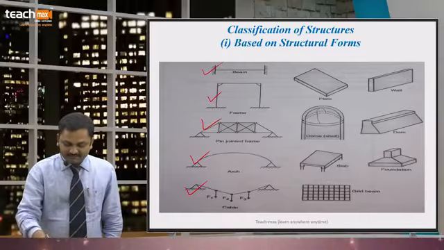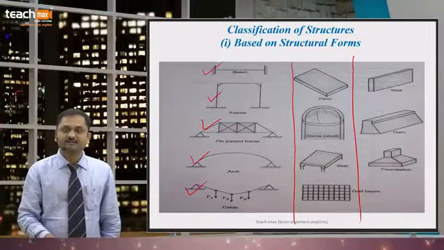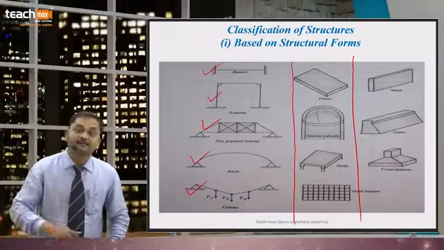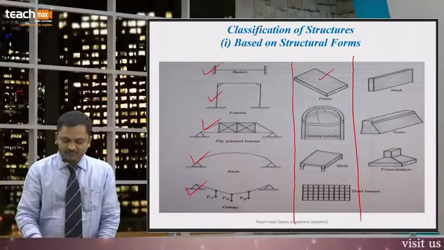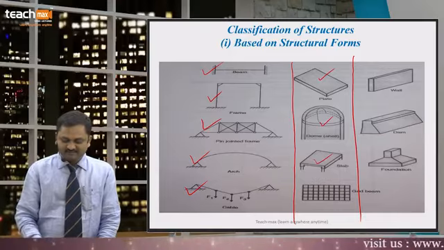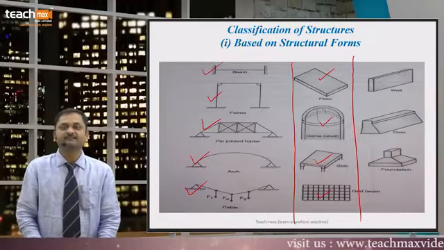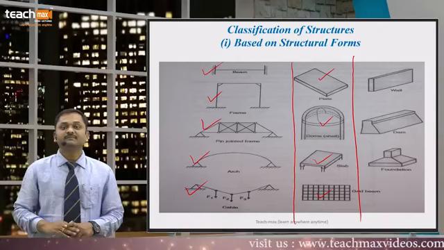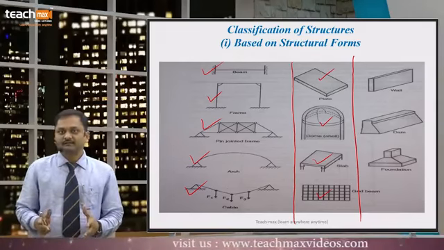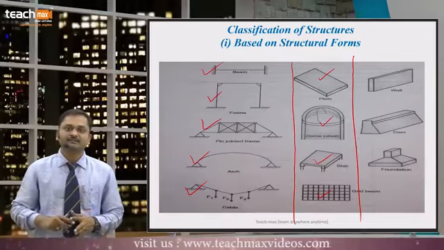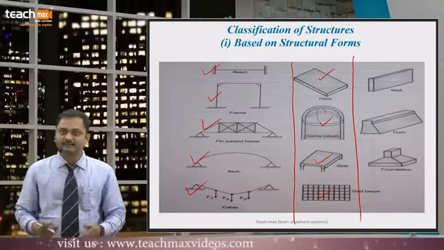And these are combined, sorry, not combined, they are 2 dimensional continuum structures: plates, domes or shells, slabs and grid beams, we can say. Grid beams: generally the beams cross each other in one plane and form a grid. This is the plan, we can say.